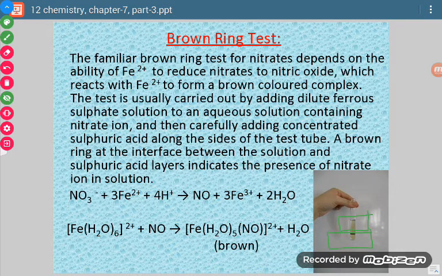Then at the interface we are able to see this dark circular form. This is a ring and it is called the brown ring. So if we are able to see this ring, then we will say that the given salt contains nitrate ion.